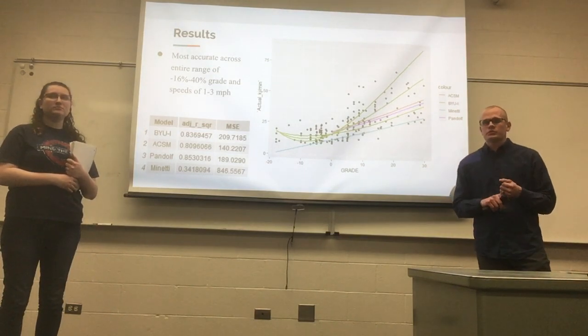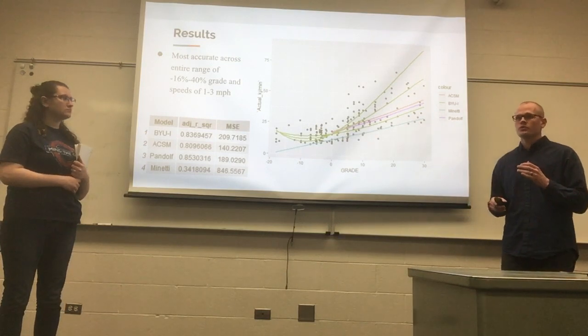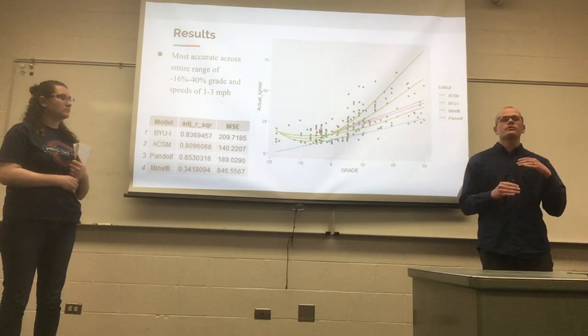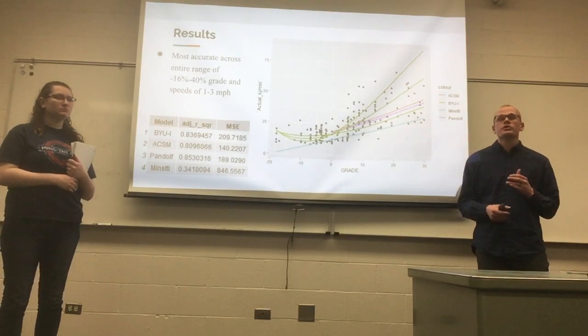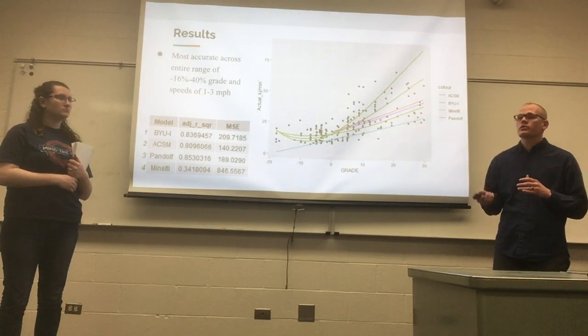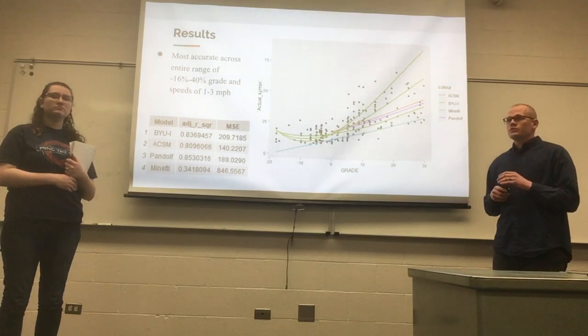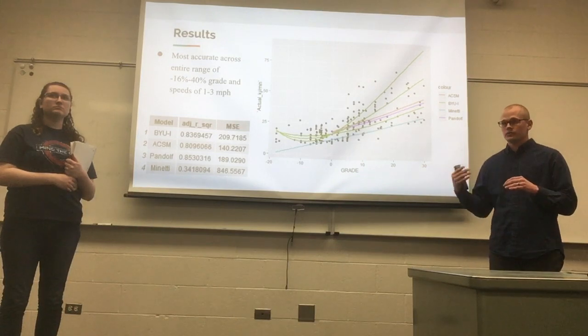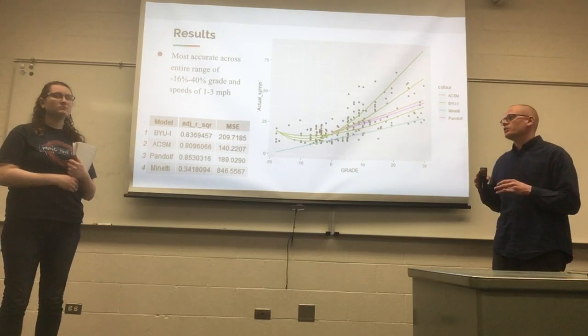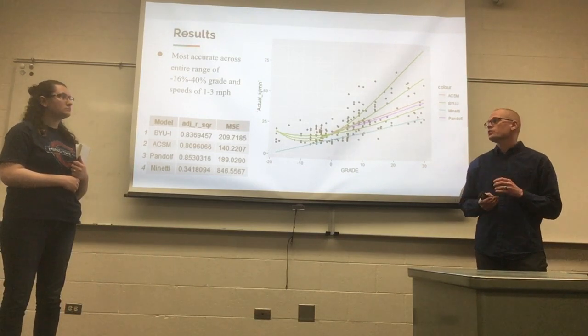The American College of Sports Medicine equation was validated for speeds of 1.9 to 3.9 miles per hour, and the Pandolf equation was validated for speeds ranging from 1.5 to 4 miles per hour, as well as the Minetti equation.